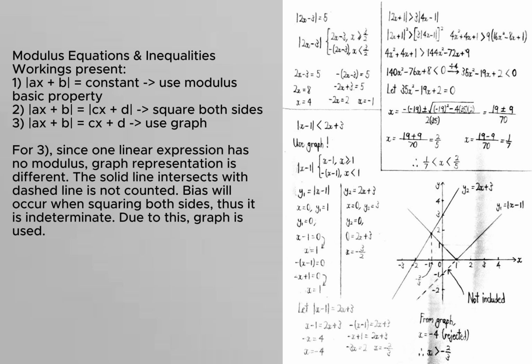If you look at the top left, this is how you do the working. If this were an inequality, just make sure you follow the inequality sign. If you look at the second one, we are looking into the second case, which is squaring both sides.